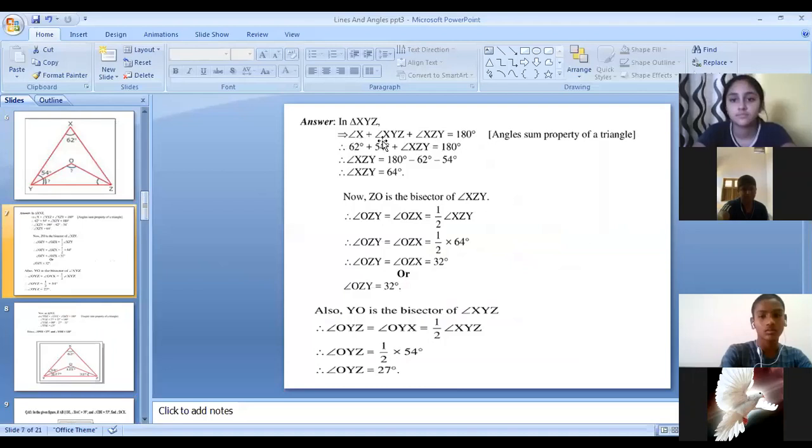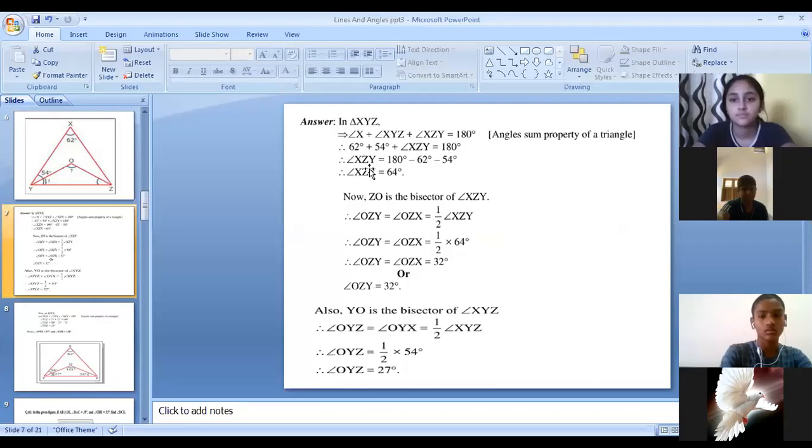That is, angle X plus angle Y plus angle Z is 180 degrees. And what is the reason? Angle sum property of a triangle. 62 degrees plus 54 plus angle Z equals 180.